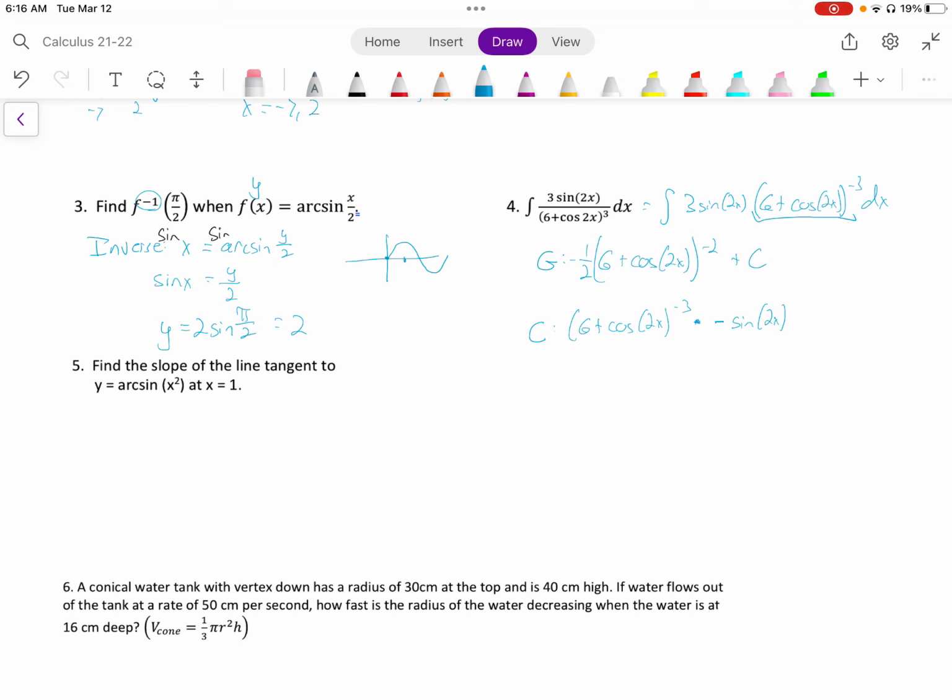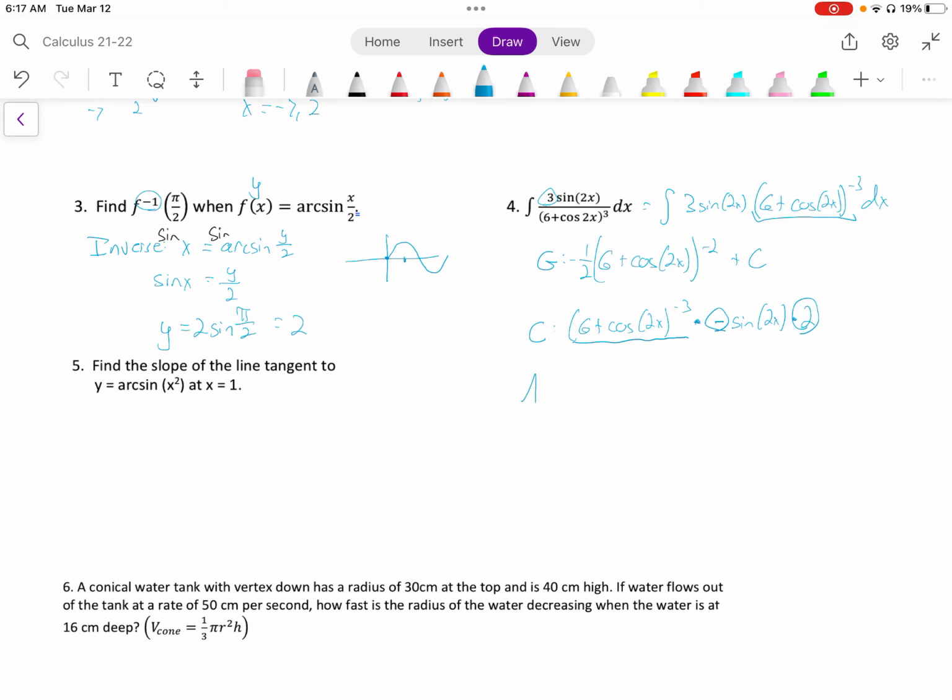And the derivative of 2x is 2. And so let's compare this to what we have. We do have the denominator there. We don't have a negative, and we have a 2, but we don't have this 3 here. And so we need to cancel out the 2.